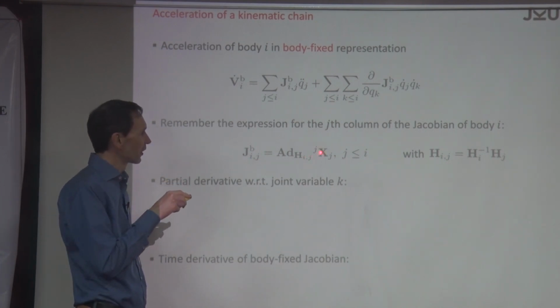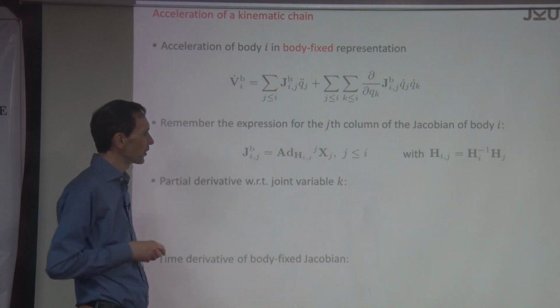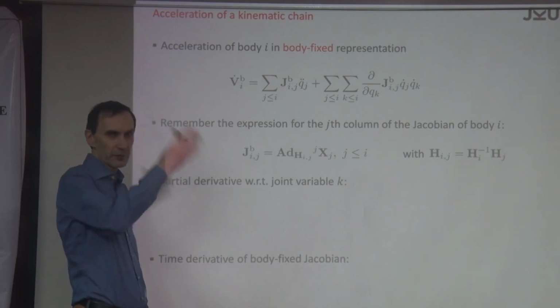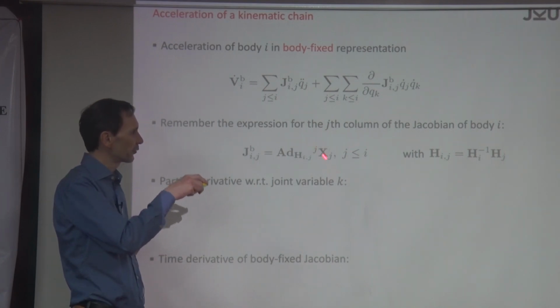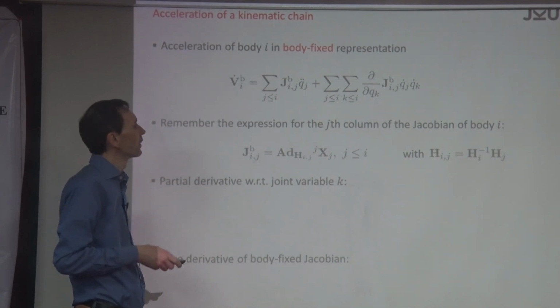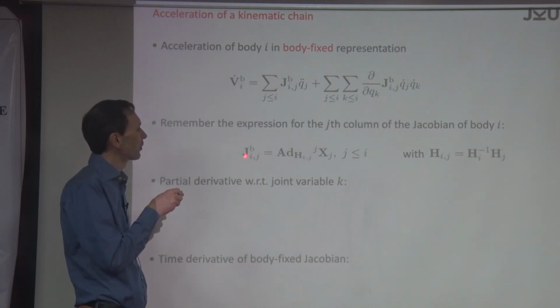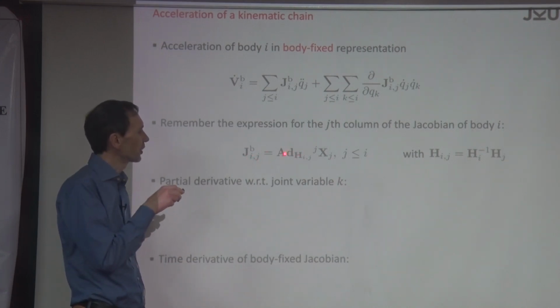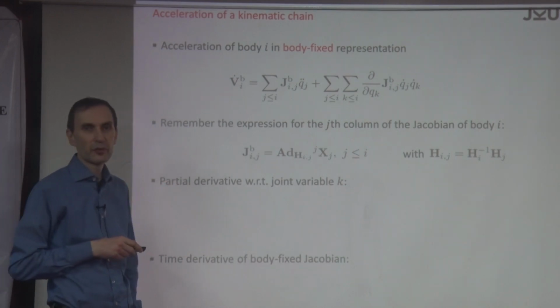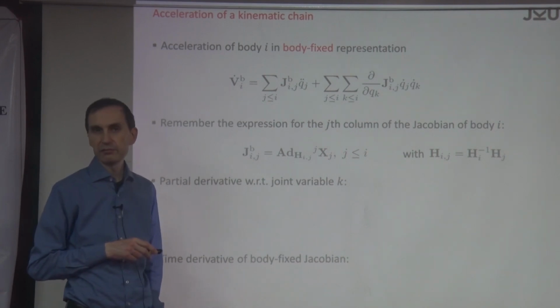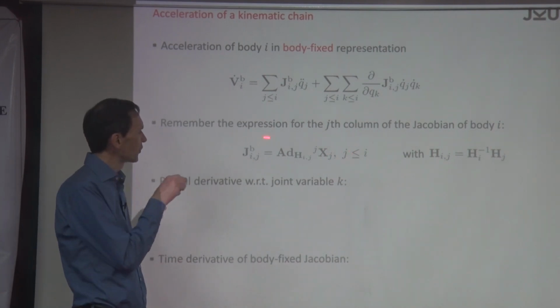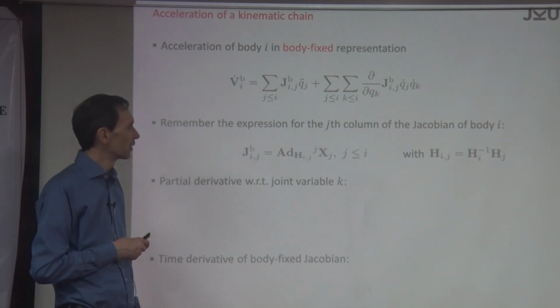It was saying that we only have to take the screw coordinates of the joint J. So the J's column in the Jacobian is the screw coordinate of the joint J, transformed into the body frame I. And that of course goes via the transformation from J to I, because H transforms from J to I, and the adjoint transformation transforms the corresponding joint screw coordinates. Okay? And that was the definition of the Jacobian column.